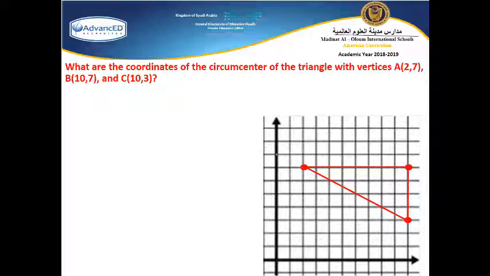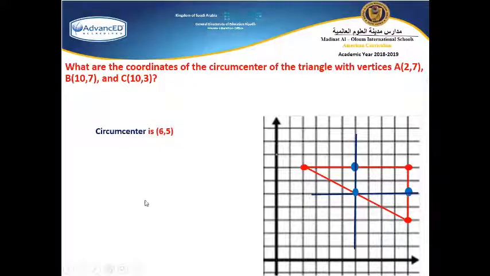Let's find the midpoint of this side, and we can draw the perpendicular from this midpoint. Also from the other side, we can find the midpoint and draw the perpendicular bisector, and you will find both of them intersecting at the midpoint of the hypotenuse. Then the coordinate of our circumcenter is (6, 5).